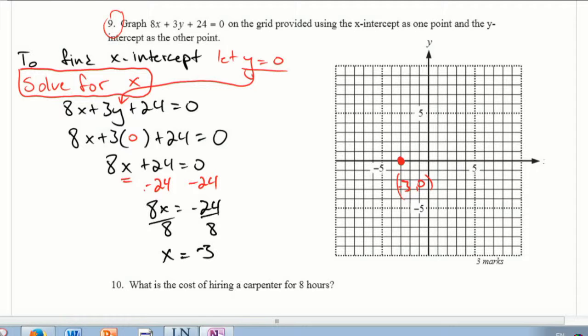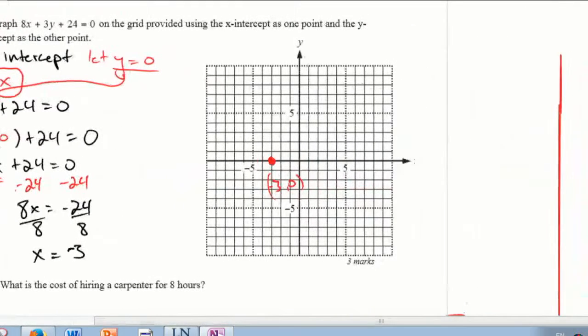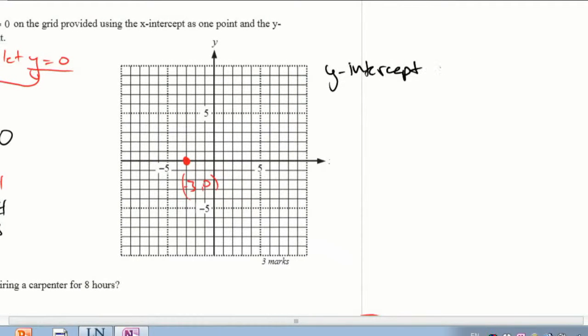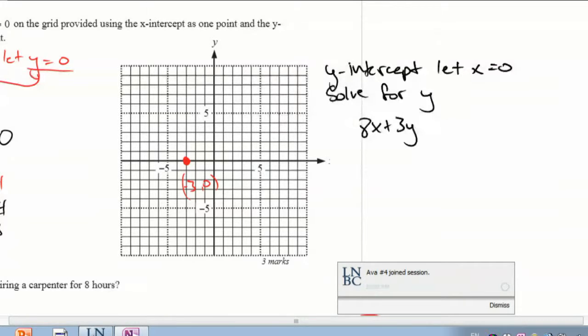Now I need to do the same thing with the y-intercept. Kind of took a little bit of space up here, so maybe I'll move it over to the right. My y-intercept is where it crosses the vertical axis. I'm going to let x equal 0 and then solve for y. Here we go. Start with the same equation: 8x plus 3y plus 24 equals 0.